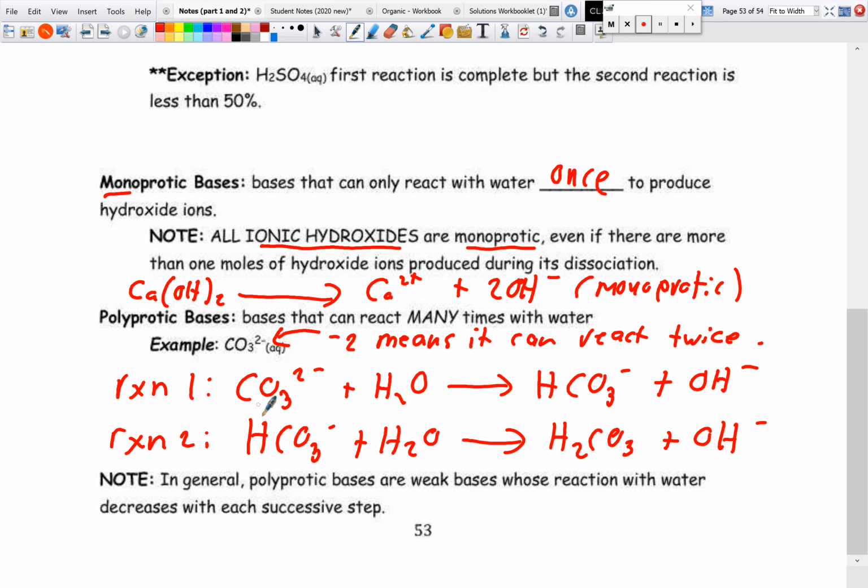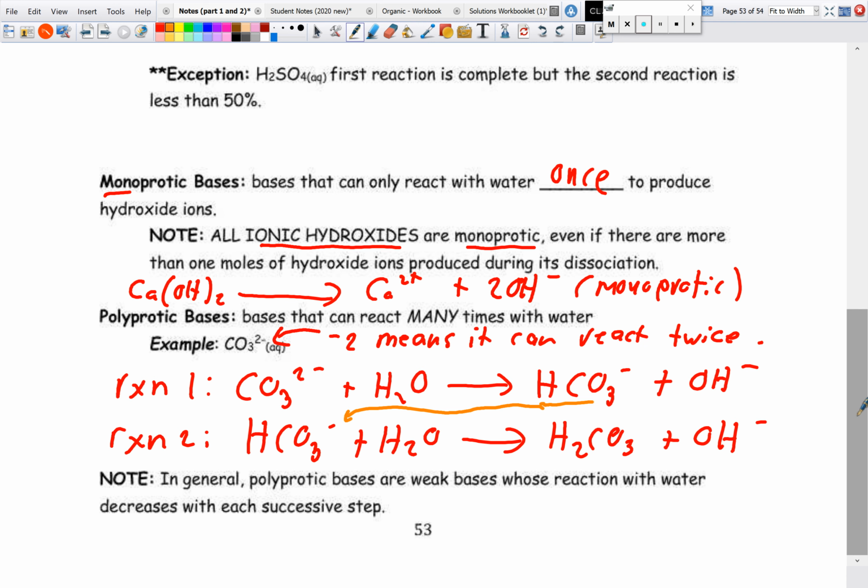So you notice that every single time when I go to that successive reaction, I'm taking the major product from the previous one, HCO3 minus, and now that is my reactant in the second equation, because if I'm drawing this arrow, I'm assuming that it's going to completion. So now the next one of the products is then going to react.